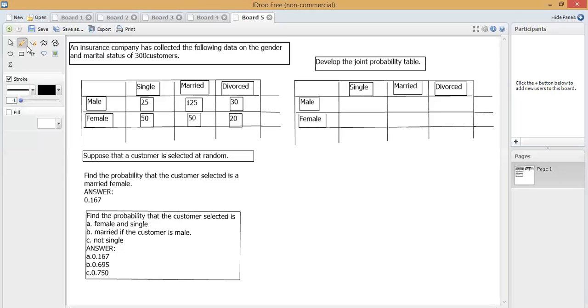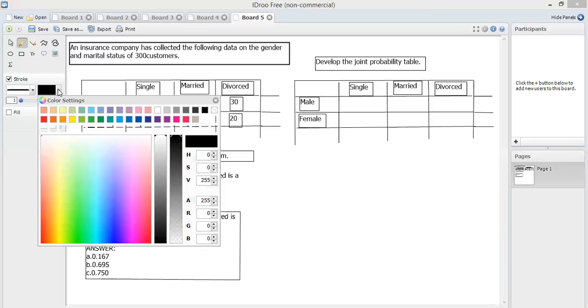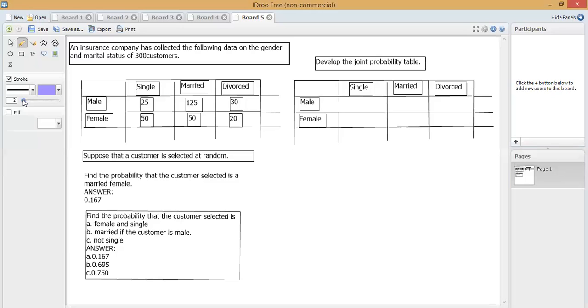So for the number of singles, we have 75. The number of married people is 125 plus 50, so it's going to be 175.